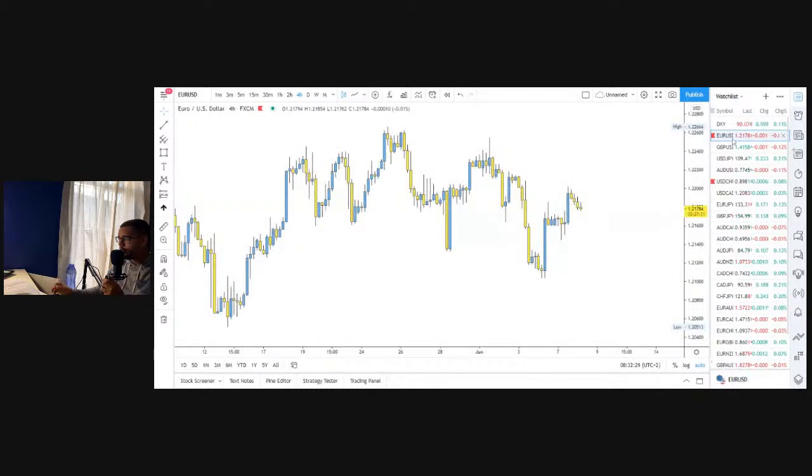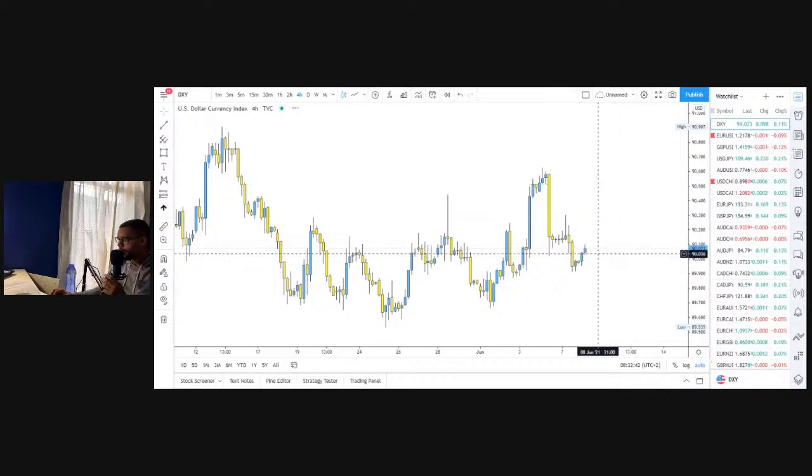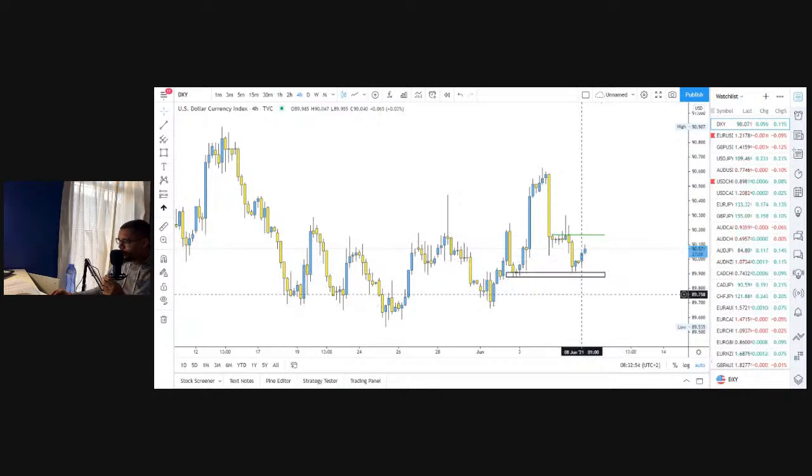Let's see what Euro USD is doing, exactly the same. So I'm looking for Euro USD to first come to here, this being the first barrier, and then coming down here. Now if price does switch up and start to fall on DXY, if we do break below this area right here, then that simply means that we're going to go down, okay?